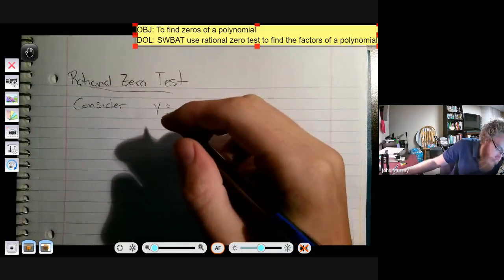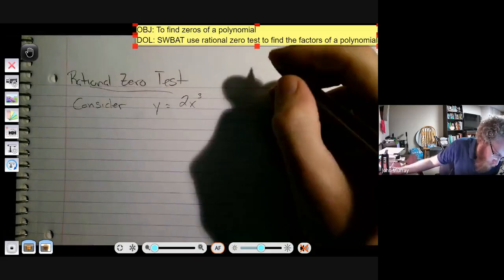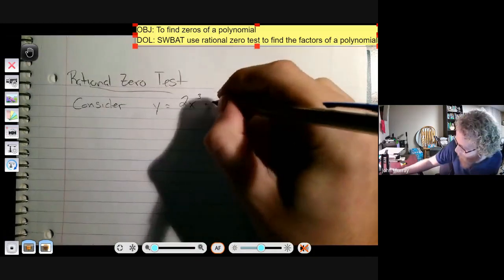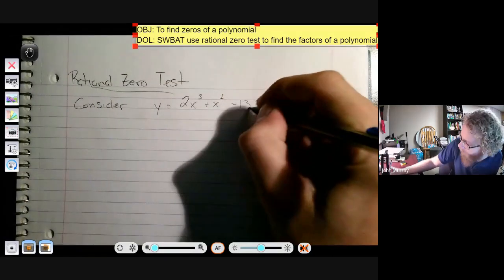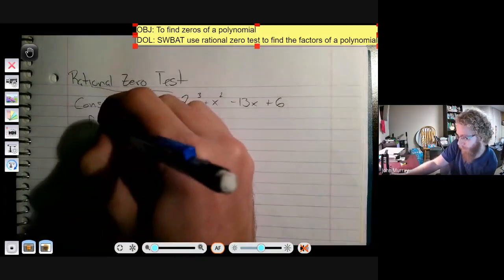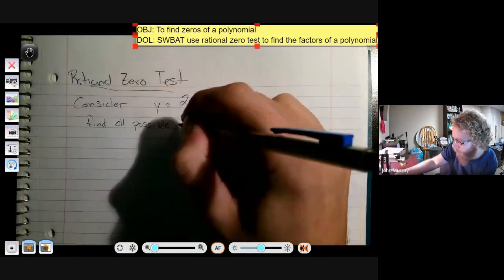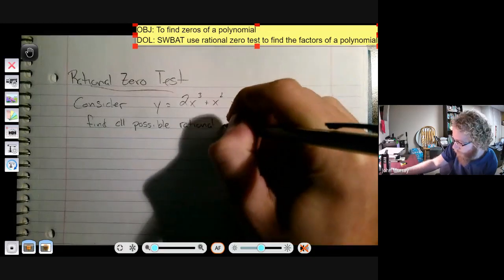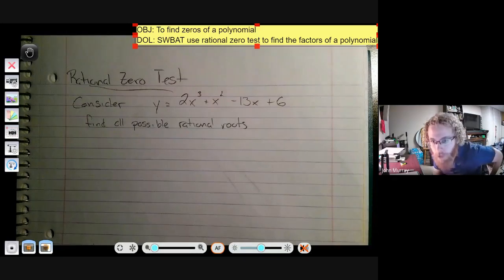All right, so let's look at a function: y equals 2x to the third plus x squared minus 13x plus 6.